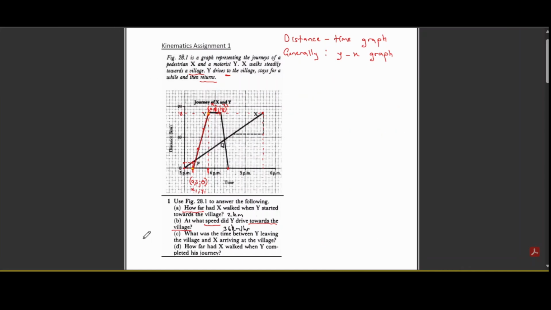C yakati, what was the time between Y leaving the village and X arriving at the village? C yaita tsitsi yatudza kuti tiri kuda kutsvaga time. Time yei, what was the time between Y leaving the village and X arriving at the village?